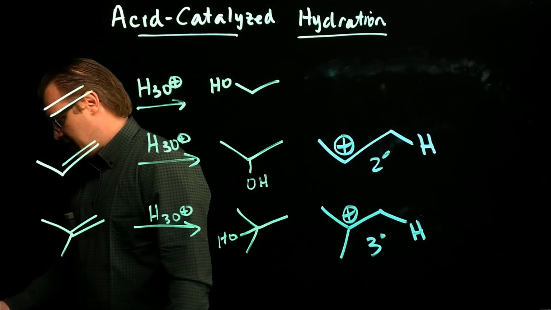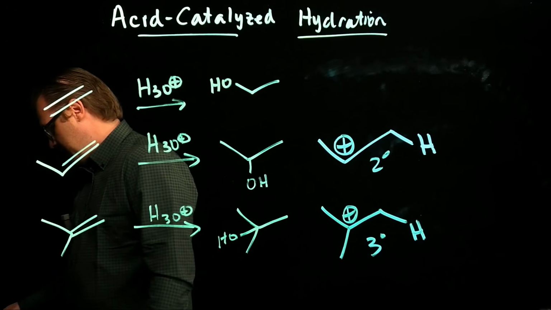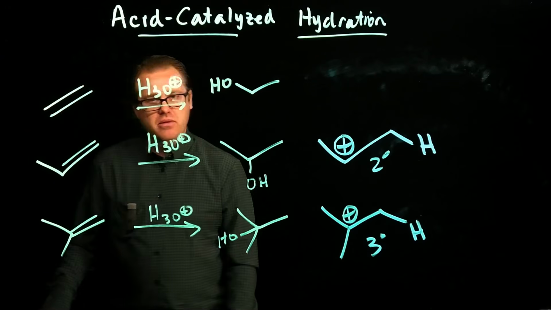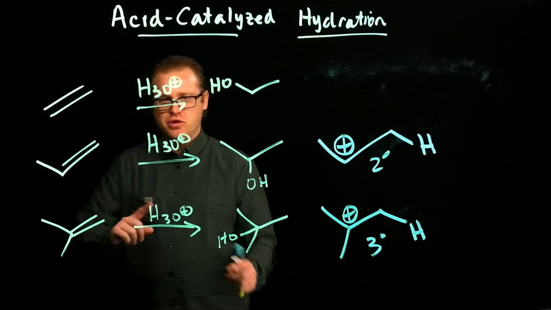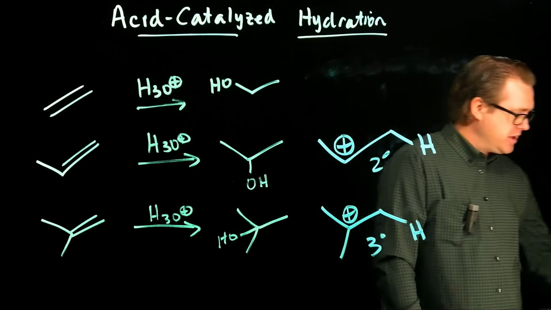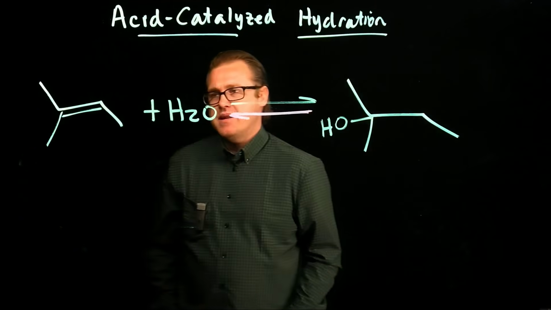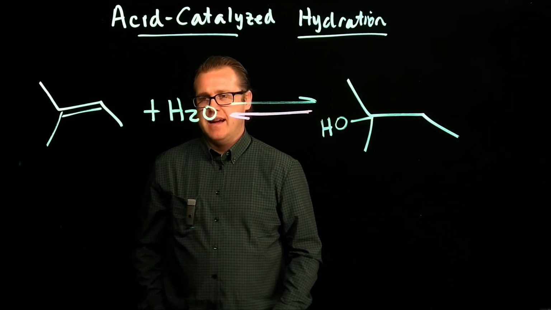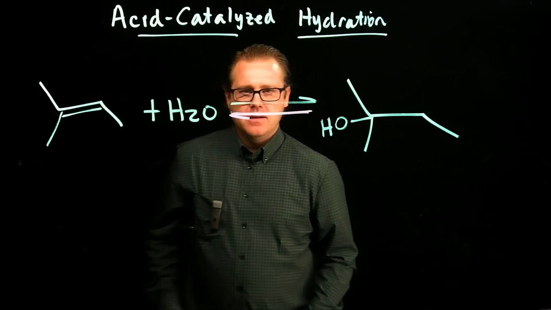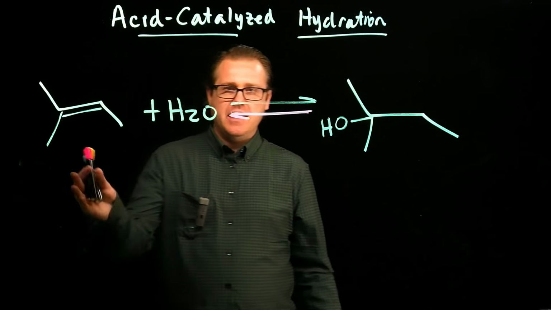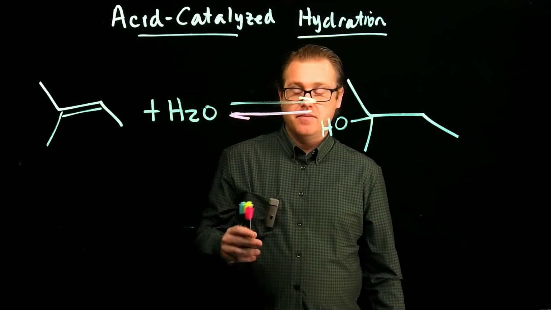So what's next that we need to talk about? We can talk about equilibrium now, how we can control which direction we want it to go. When we take a look at acid-catalyzed hydrations of an alkene, what's interesting is that it is an equilibrium process.